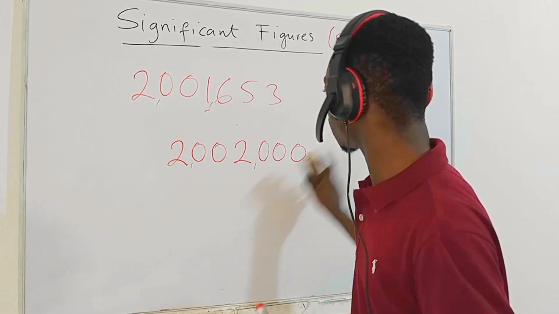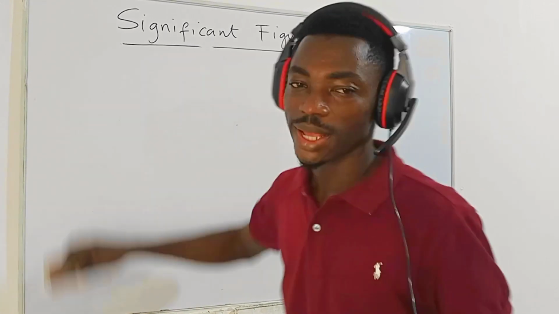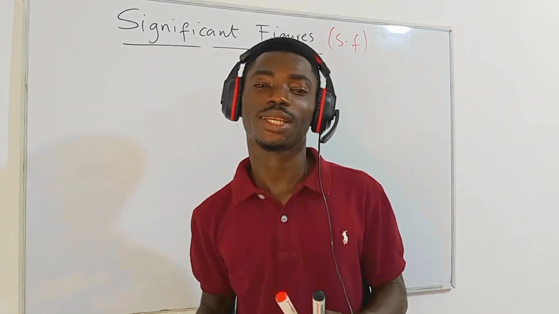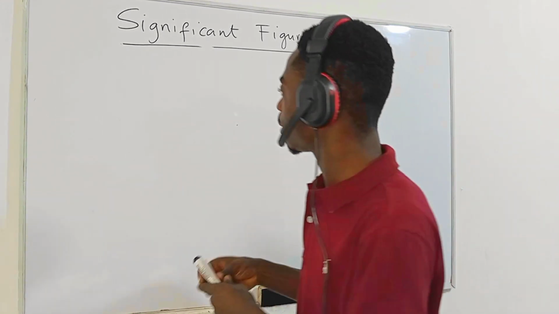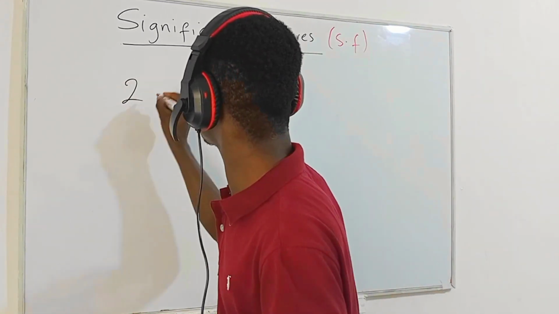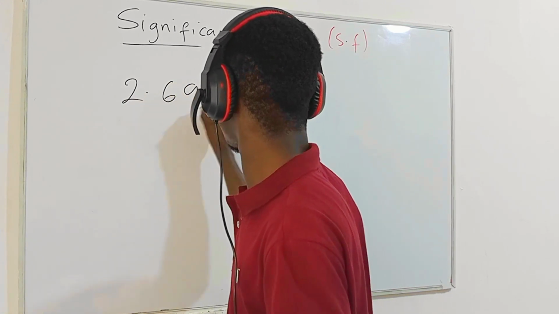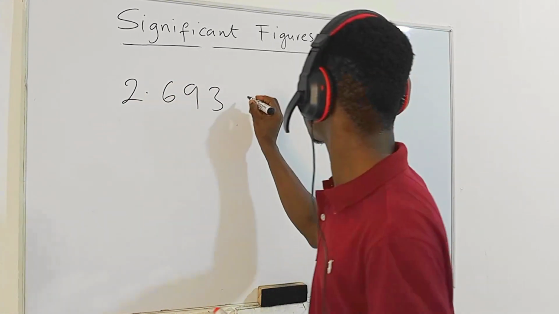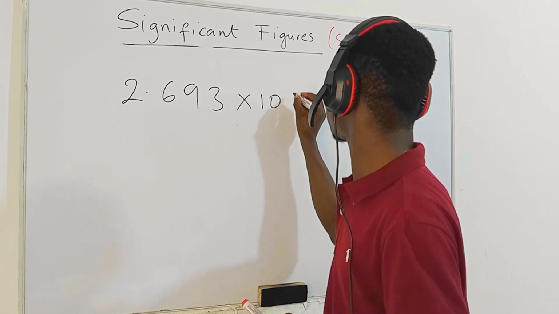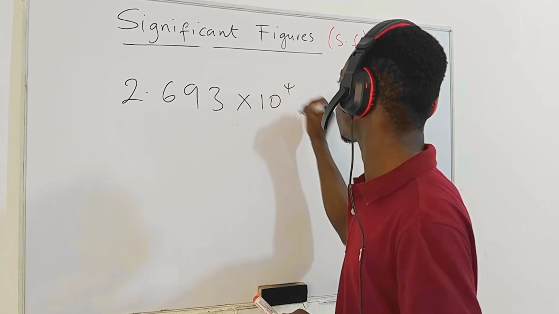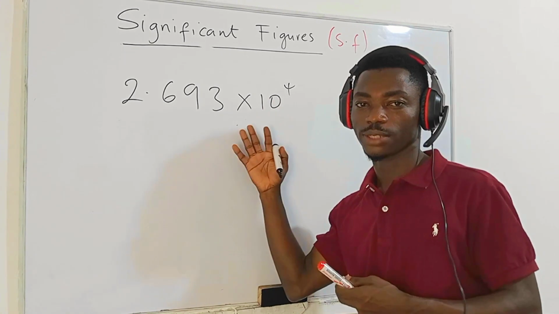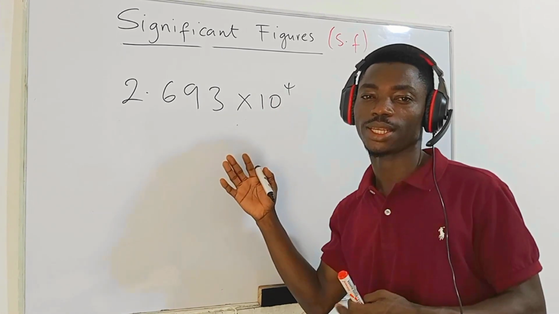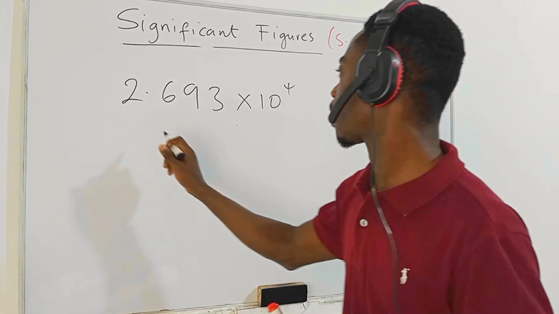Now this time, let's consider numbers in standard form, or scientific notation. Let's say we have 2.693 times 10 to the power 4, and we want to leave this in two significant figures.